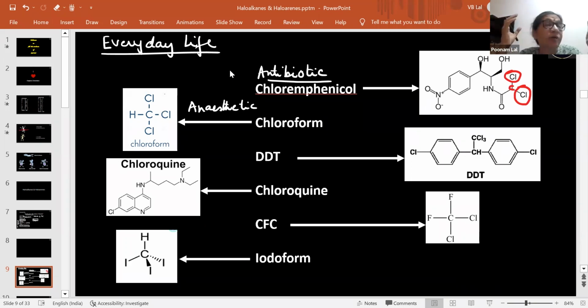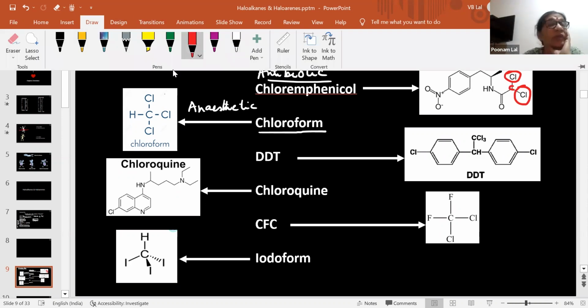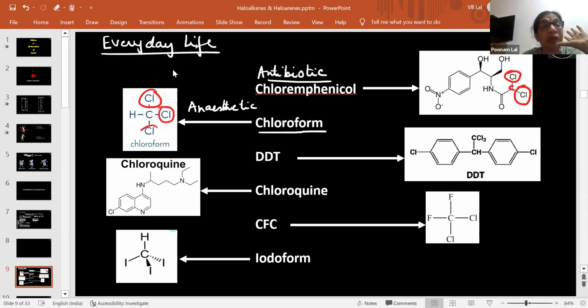During surgeries, they give anesthesia to people so that they don't feel the pain and the doctor can perform the operation easily. So chloroform was one of the first anesthetics that was used, and that is also a halogen derivative. You can see here 3 chlorine atoms are present, and this is also a very well-known halogen derivative.